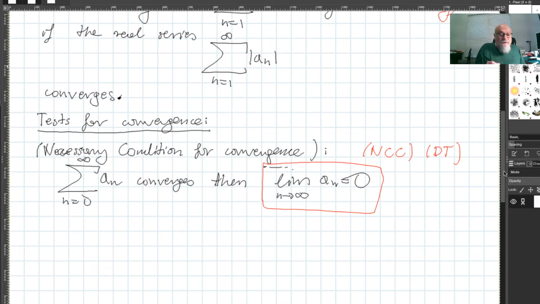Then we have several other tests, such as the comparison test. Let me write, for example, this one.